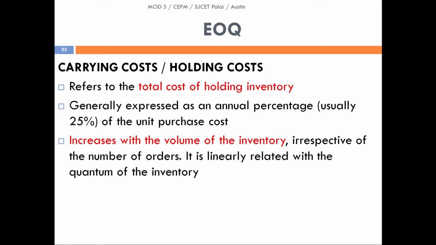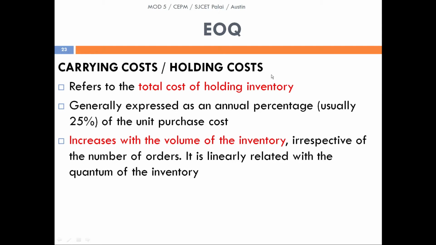As we know, when the volume of the material to be stocked increases, the carrying cost or the holding cost also increases. So this linearly increases with increase in quantity, and it is linearly related with the quantum of the inventory.